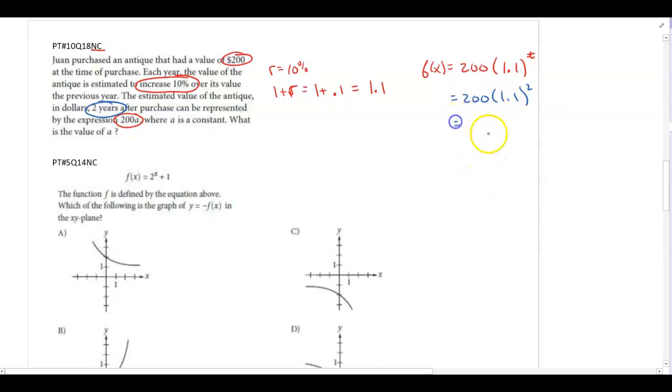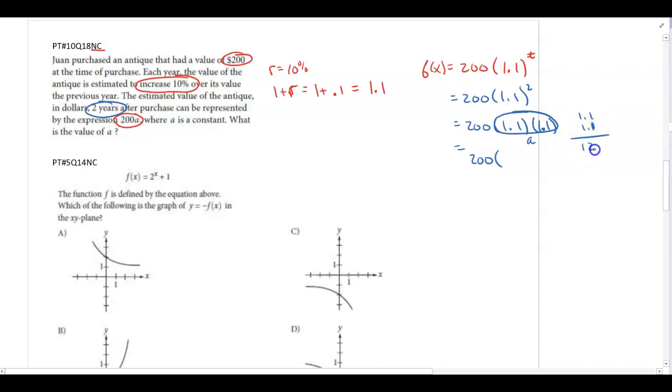Now, here's what they want you to get. Writing this out, 1.1 squared would be the same as 1.1 times 1.1. So when we look at it, 1.1 times 1.1, that is the A they are referring to, because that would give you 200 times 1.1 times 1.1.